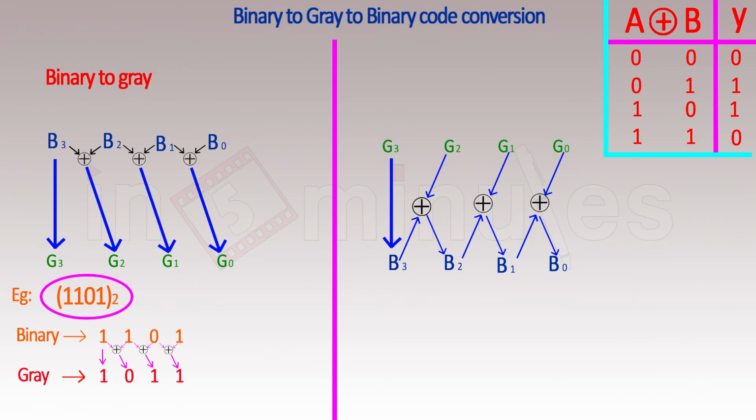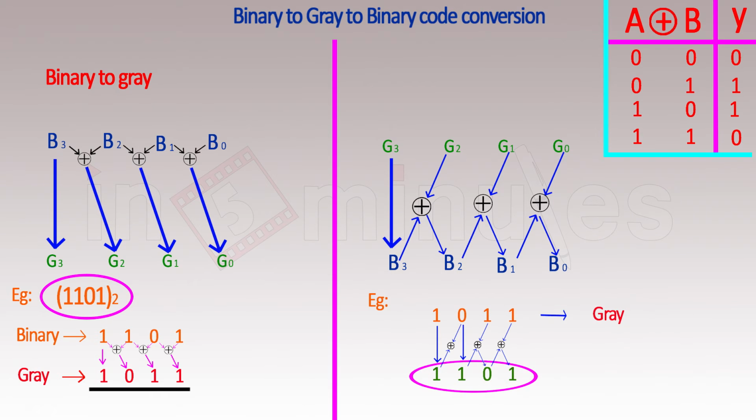So let us take the example once again. Here I will take the same example of gray code, that is 1011. I have a gray code 1011, which I will write as gray code, and I wish to convert this gray code into binary. So what I will do is simply write down the first bit as it is, that is 1, and I will XOR this 1 with this 0.